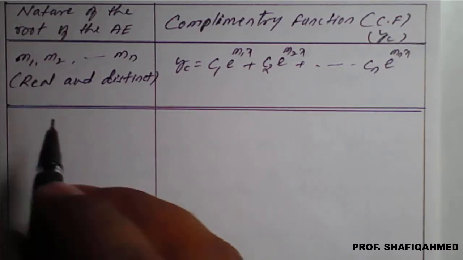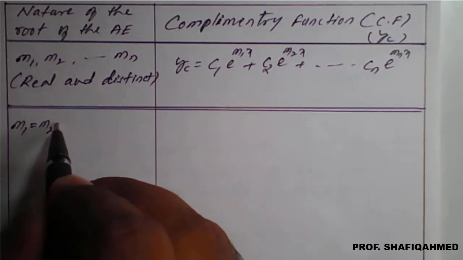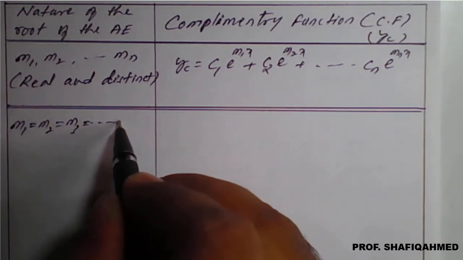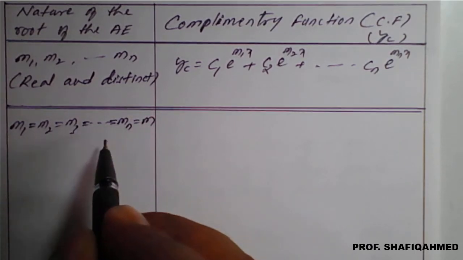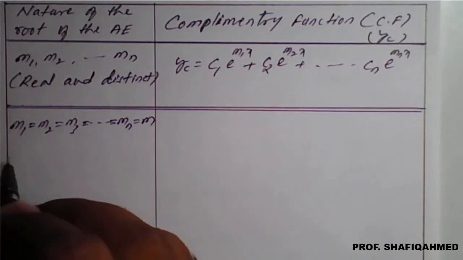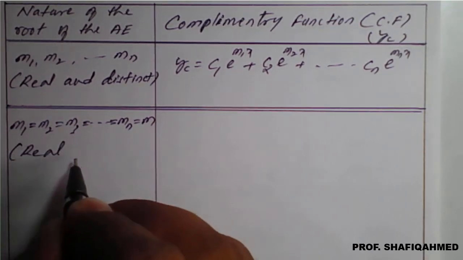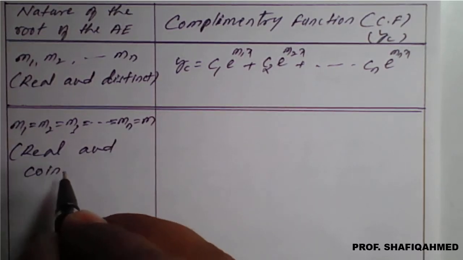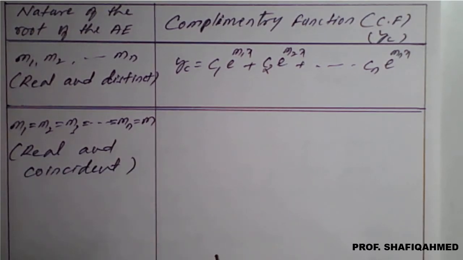Here the roots are real but the same, that is m1 equals m2 equals m3 and so on up to mn, which I will commonly call m, because all roots are the same and we get only one number. So I can say the roots are real and coincident.